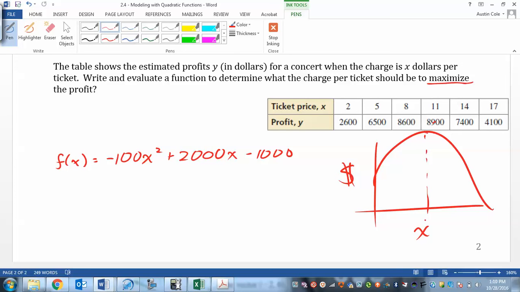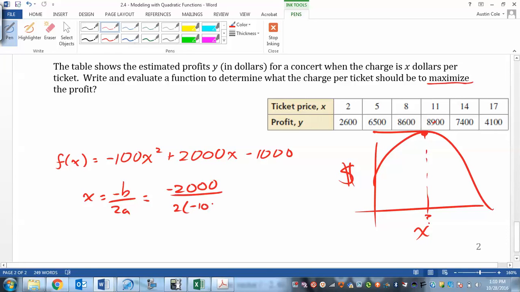Would you guys agree that there's some x value out there? There's some ticket price. Maybe it's $8.50, maybe it's $9, maybe it's $9.25, maybe it's $10, I don't know. That gives us the best situation to make the most money. So let's find our axis of symmetry. X equals opposite of B over 2A. Opposite of B is negative 2,000 over 2 times my A value, which is negative 100.